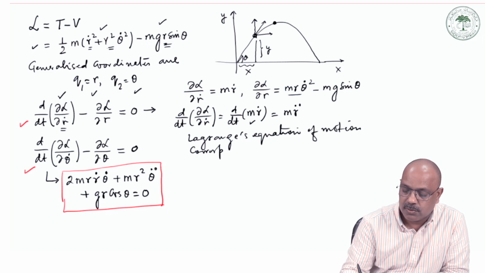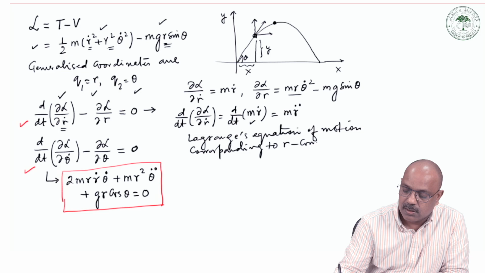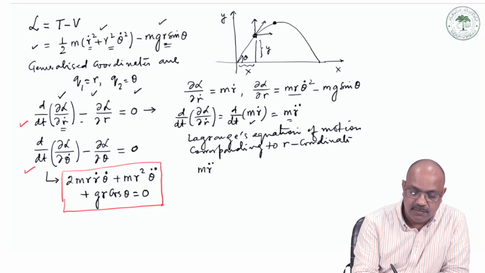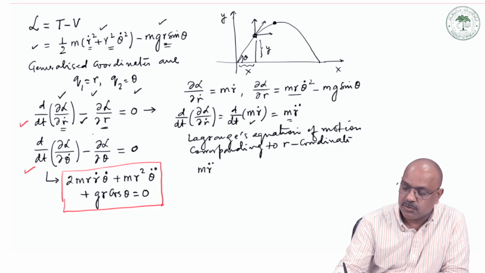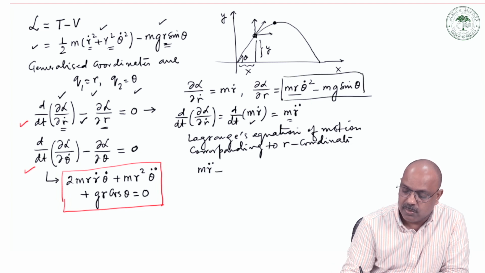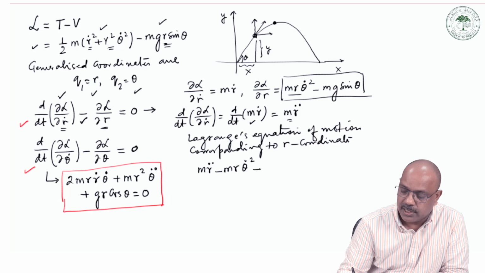So the Lagrange equation of motion corresponding to the r coordinate is going to be this m r double dot, and then with the negative sign, del L by del r. So this is going to be minus m r theta dot square, and plus m g sine theta is equal to 0.